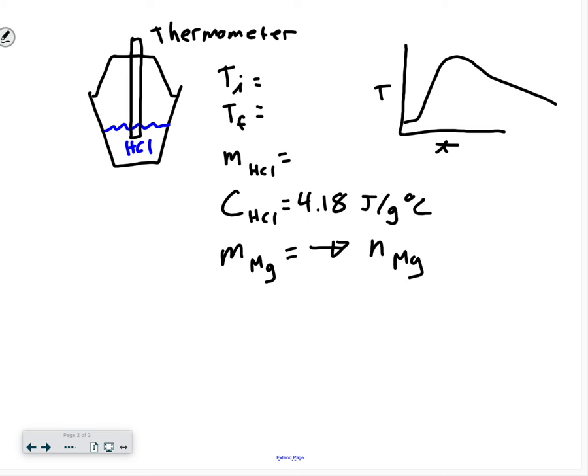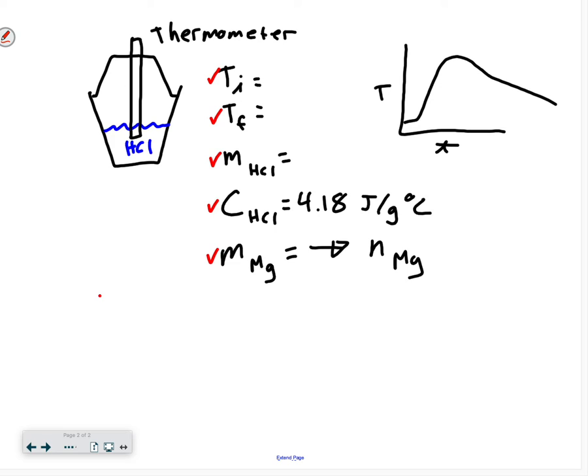That will take us to the number of moles of magnesium. So the data points you'll have to collect are initial temperature, final temperature, the mass of the acid, the specific heat, and the mass of the magnesium, because you're going to have to find the moles of magnesium to find the kilojoules per mole. That's just for magnesium.